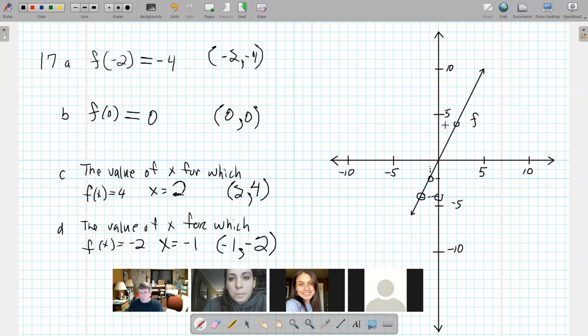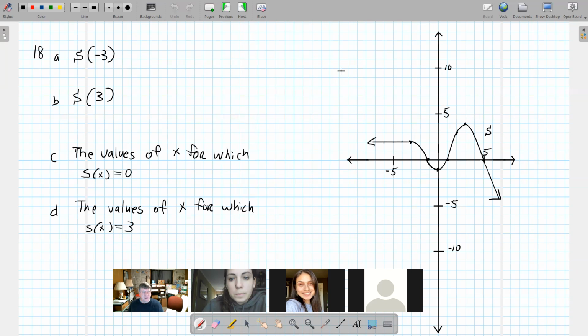Okay, y is 4 right here, but that's not on the graph. Where is y equal to 4 on the graph when x is 2? So you can't just find y equals 4 randomly. It's got to be where on the graph is there a point that y is 4. Does that make sense? Okay. Any other questions on this problem?